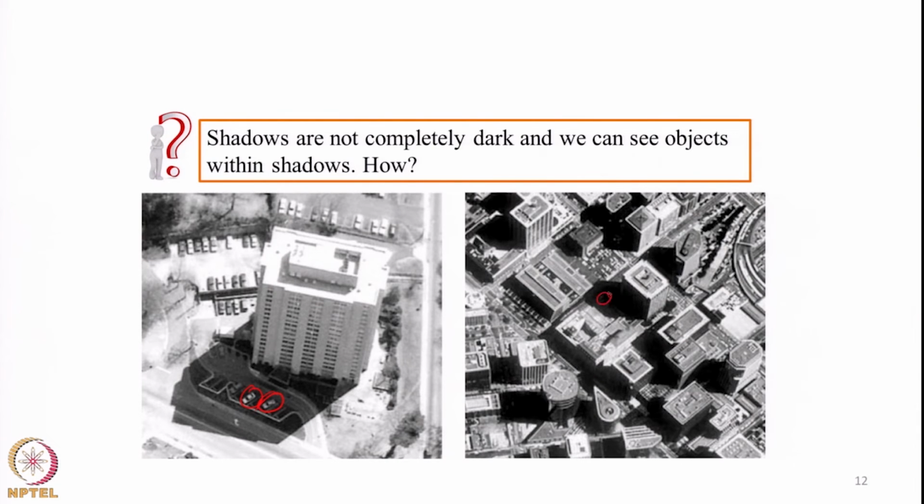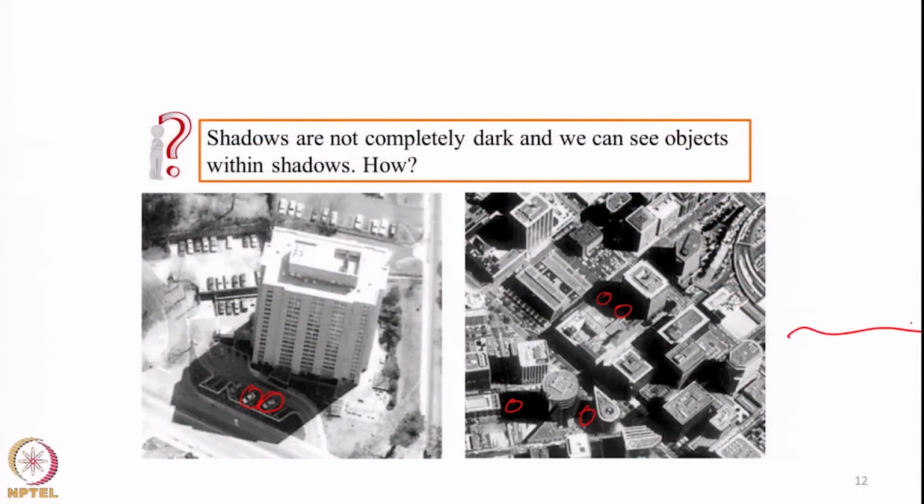Similarly, here also some objects, even though not clearly visible, something is visible. So, why are the shadows not completely dark? What is the energy that is falling on those objects?